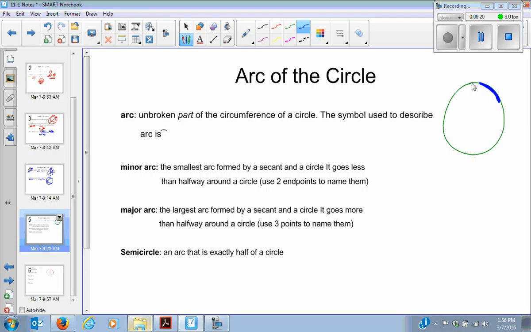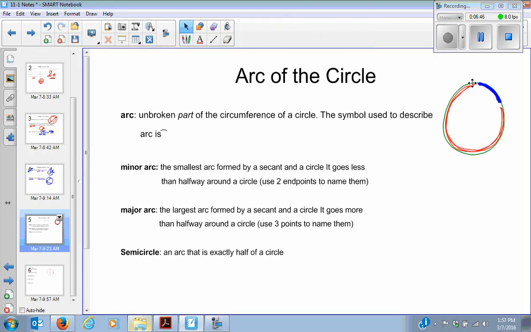And then we also have a semicircle, which is an arc that represents exactly half. So this right here in blue would be considered a minor arc. This in red would be considered a major arc, and it would be right on the circle. I'm just drawing it so you can see the difference. So that would be a major and a minor.